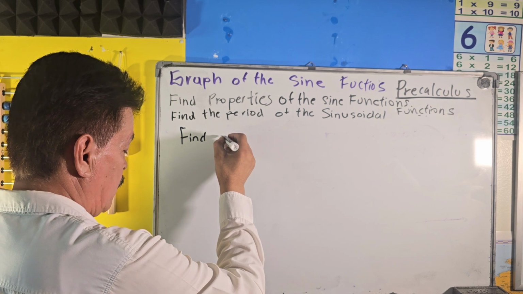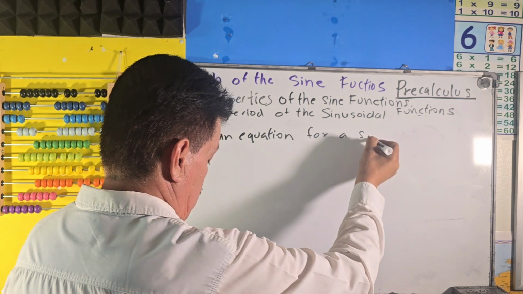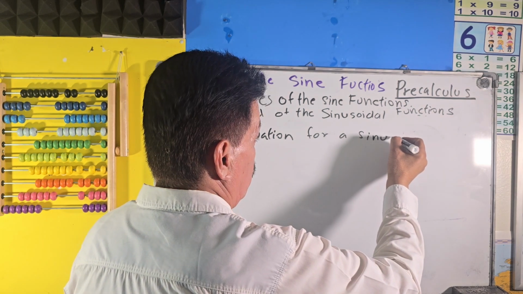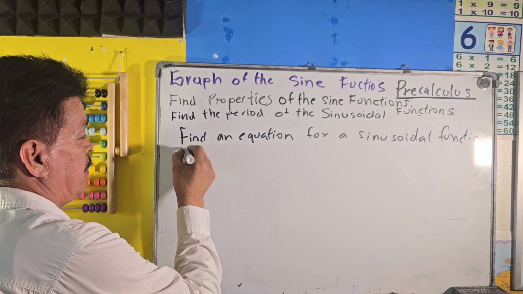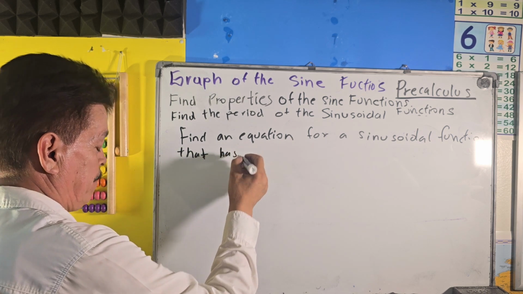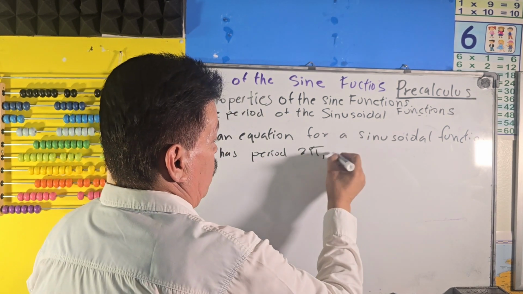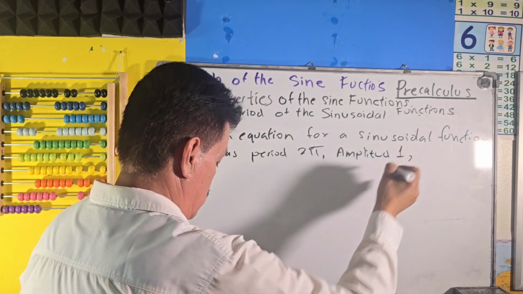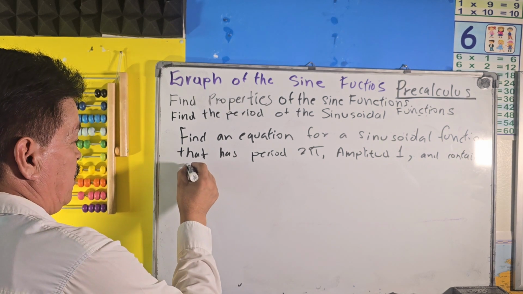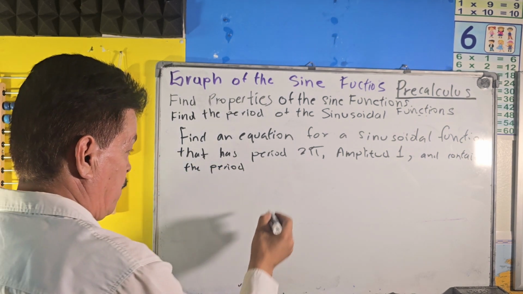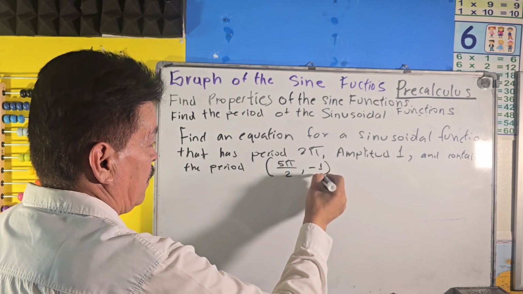Find an equation for a sinusoidal function that has period 2 pi, amplitude 1, and contains the point 5 pi divided by 2, comma, negative 1. So this is our problem.